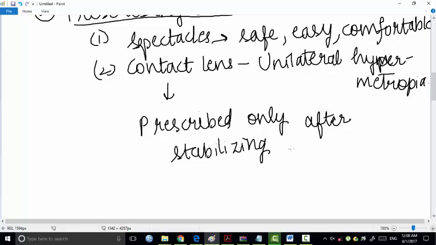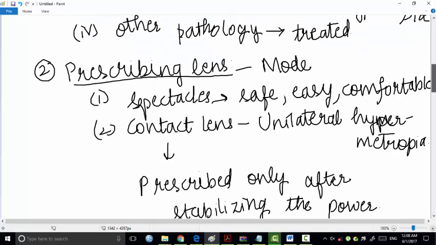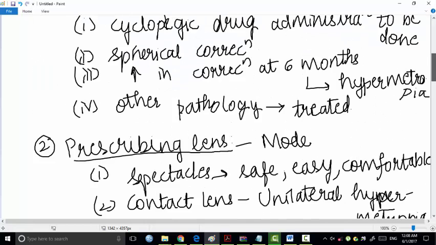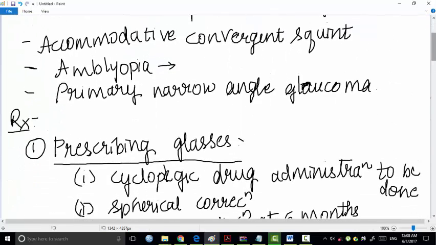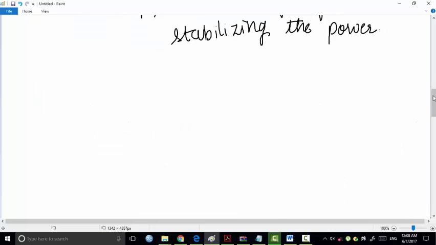So this is only prescribed after stabilizing the power, right? These are the important treatment modalities, which are spectacles and contact lenses, which you can prescribe or use. So this is the major part which we have covered in hypermetropia.